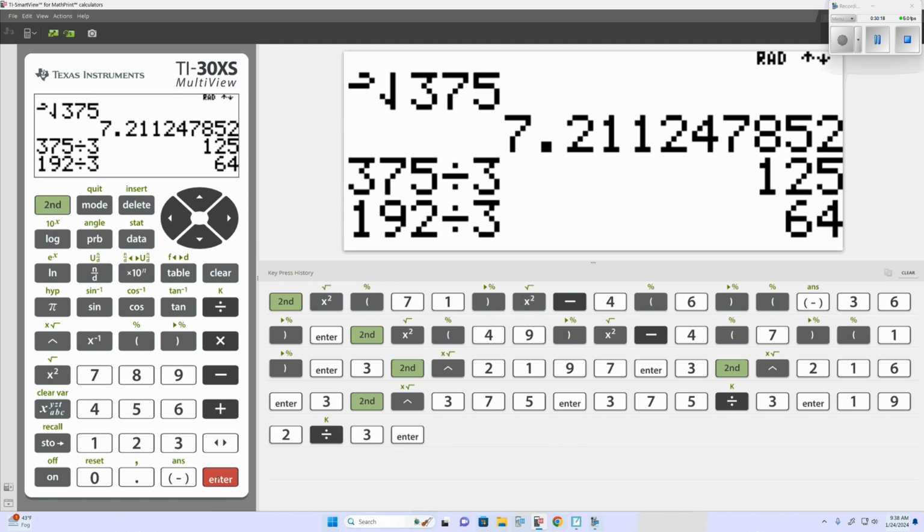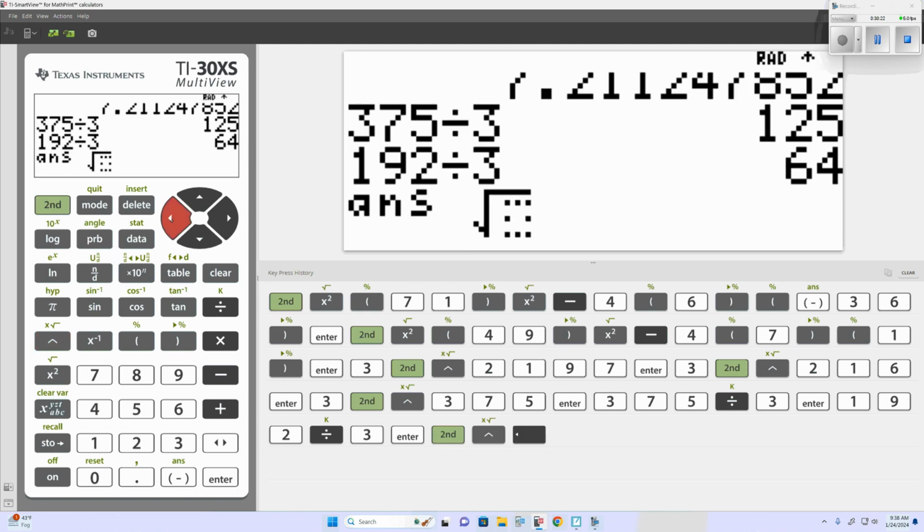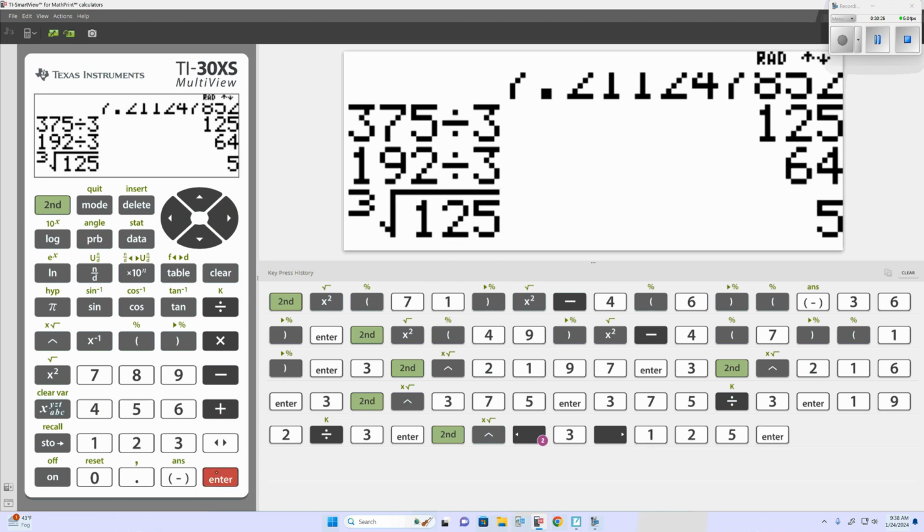So 3 does work. So we could keep going higher, but that works. And actually, that is as high as it goes.